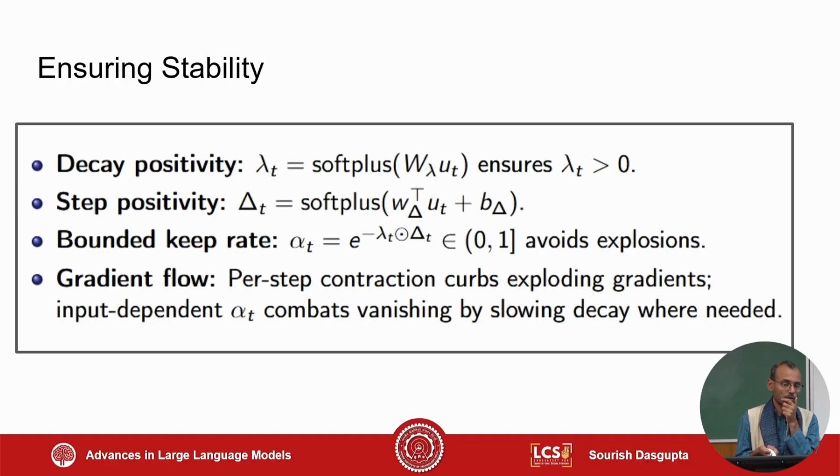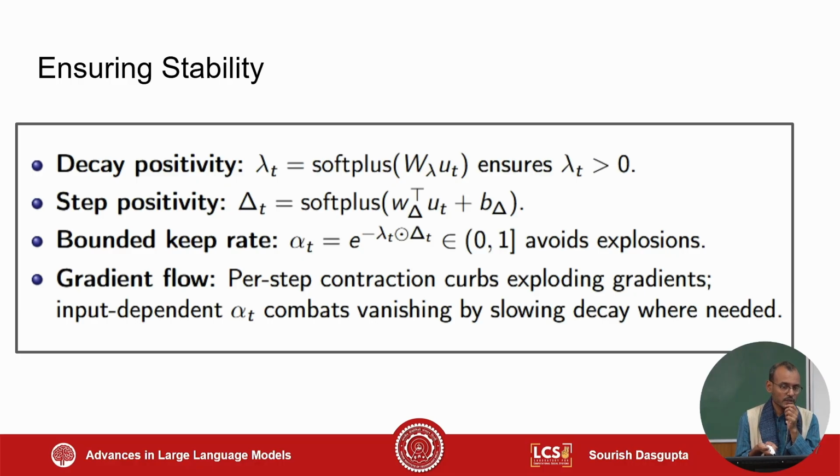So it ensures stability. Because you're applying softplus to get the lambda, softplus will always make it positive, and that's how your entire diagonal matrix will always be negative because of the negation that was outside.